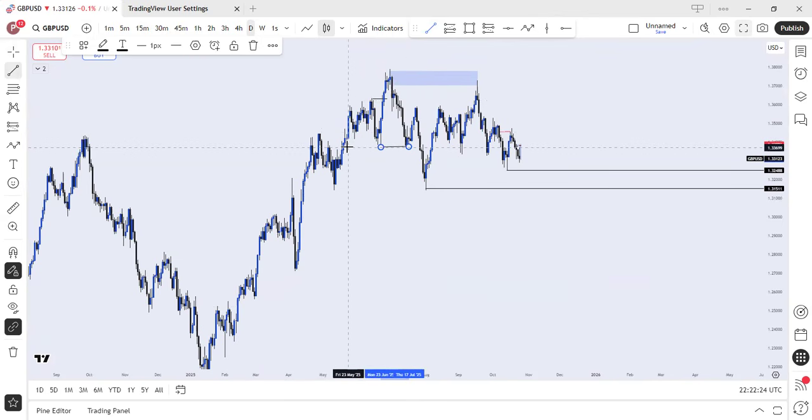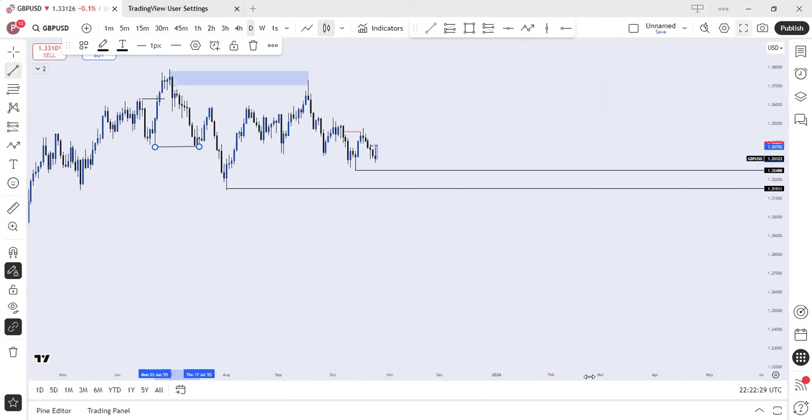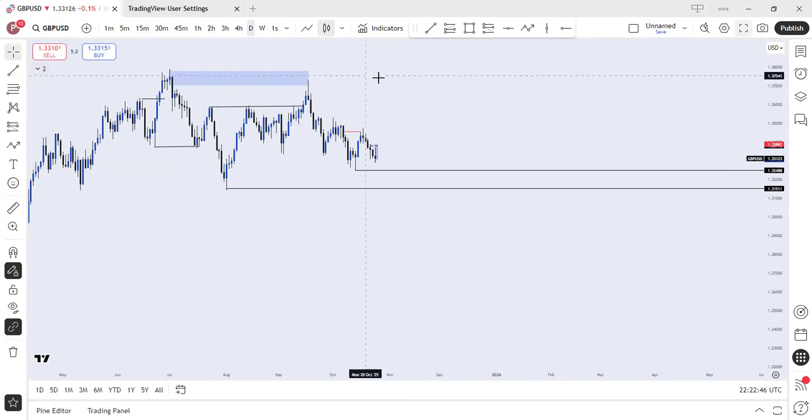I told you guys that when you are picking entries from the supply and demand, you have to pick demand zones or supply zones that align with structure. So this actually aligns with structure. This is our liquidity, right? And once price took out that liquidity, it tapped into my daily order block.